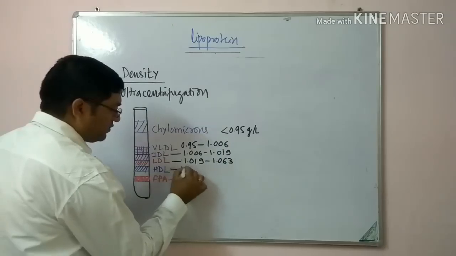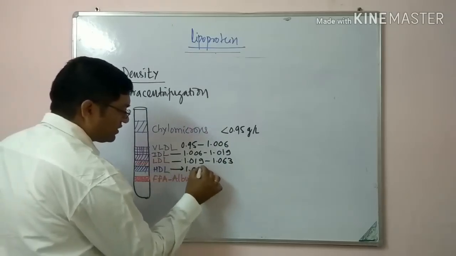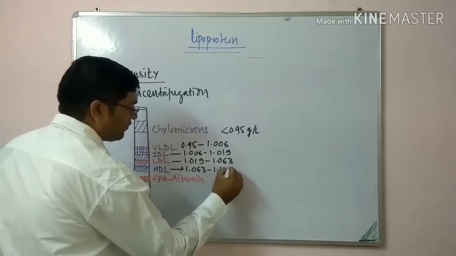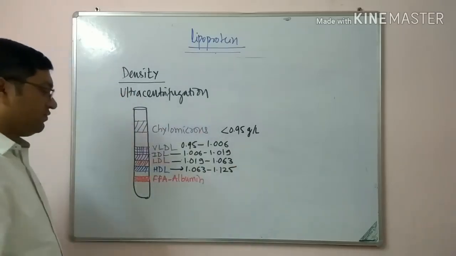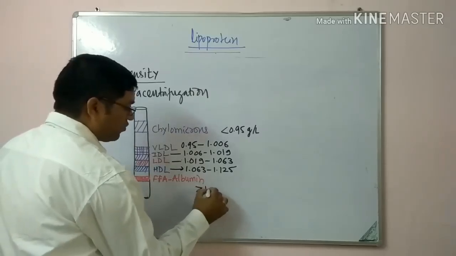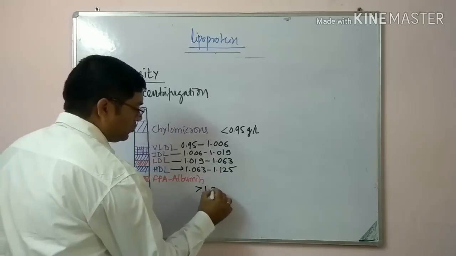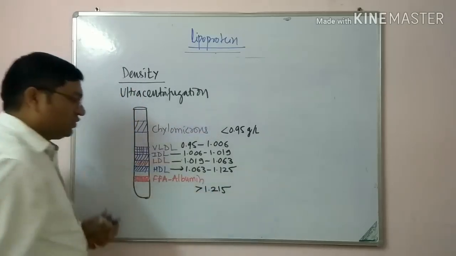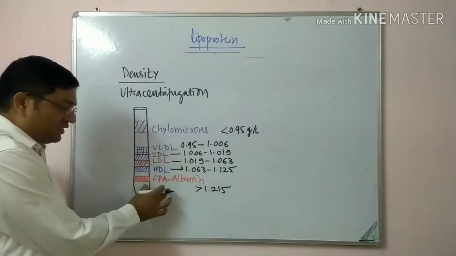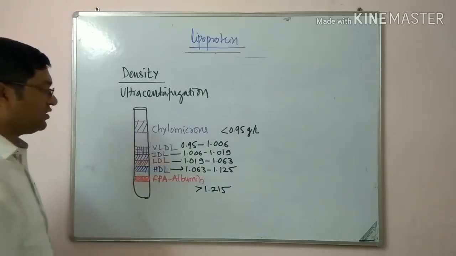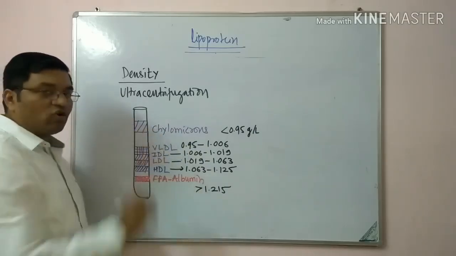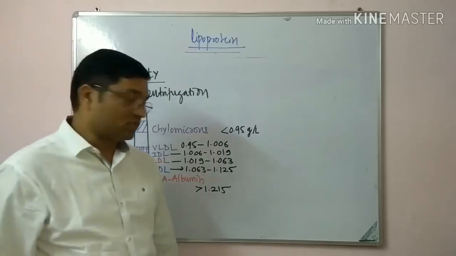HDL is 1.063 to 1.125, and free fatty acid complexed with albumin is more than 1.215. So this is the density. The highest density is at the bottom, and the lowest one, that is chylomicron with the highest lipid content, is at the top of the test tube in ultracentrifugation.